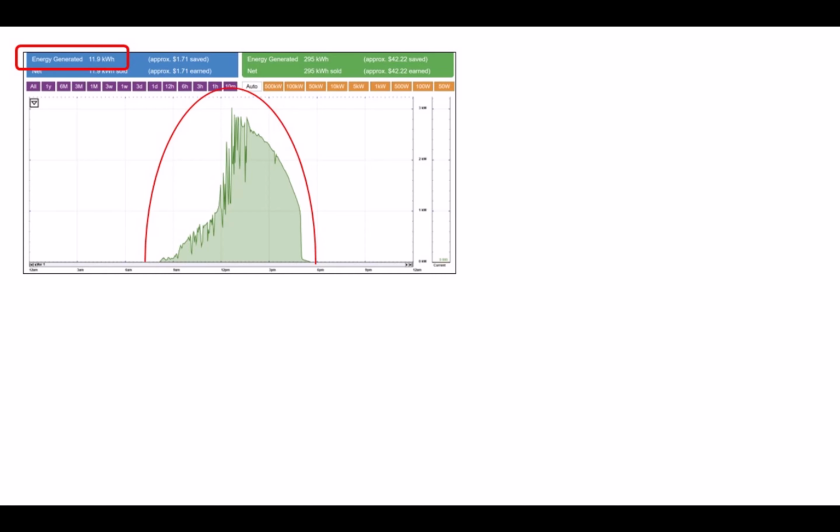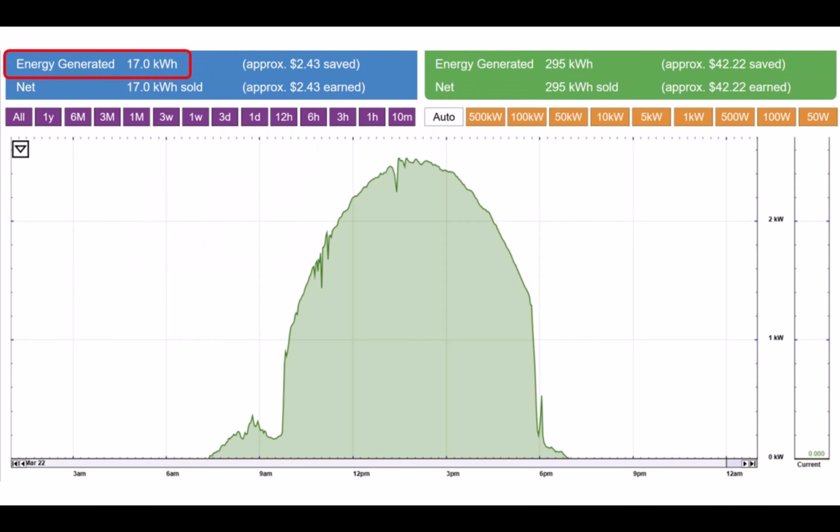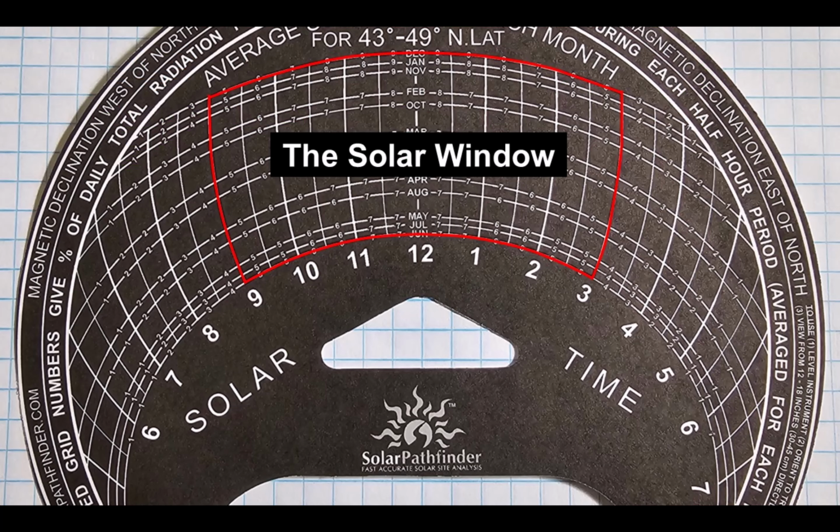Why are we looking for this kind of day? Because we'll be comparing actual solar window production for this kind of day to the ideal solar window production we calculated earlier. The sun path diagram from which ideal solar window production was calculated assumed ideal conditions of orientation and full sun all day.